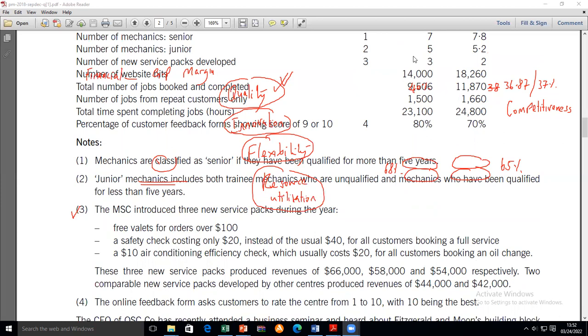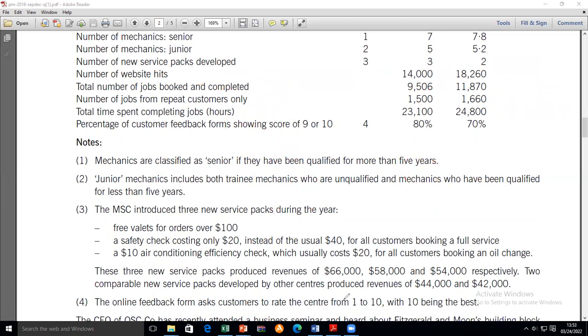So what we look at are the revenues. These are revenues for new products compared to the average for the other service centers or cleaning centers.